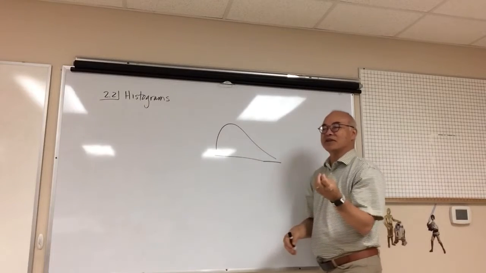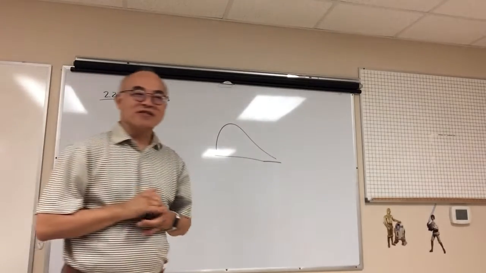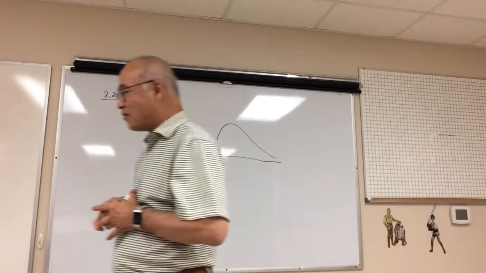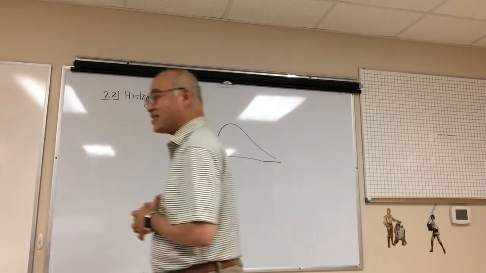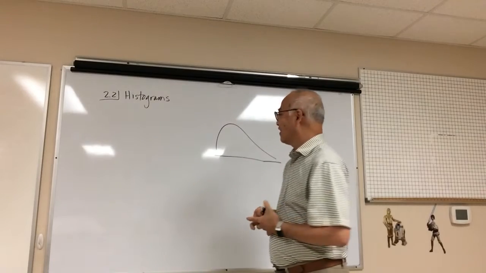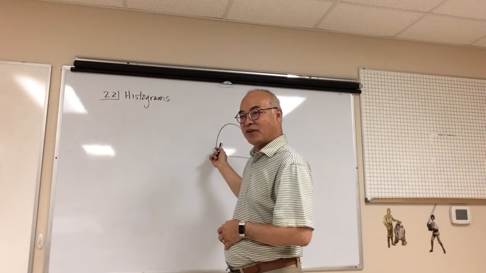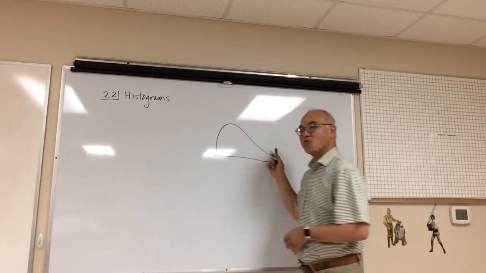Okay, a way to remember this, the book shows you on page 53, there's some feet there. Look at that foot. Which foot does this look like? Does this look like the left foot or the right foot? The right foot. Therefore, it's skewed right.